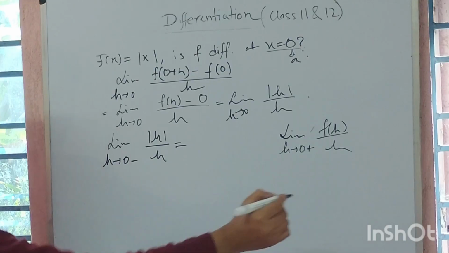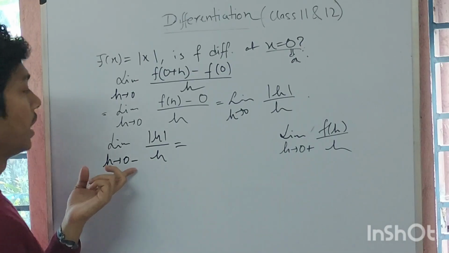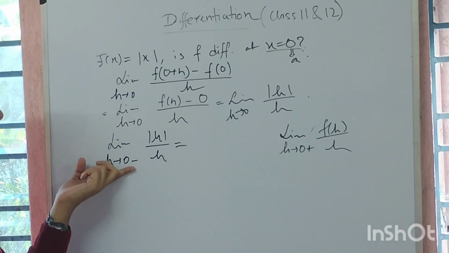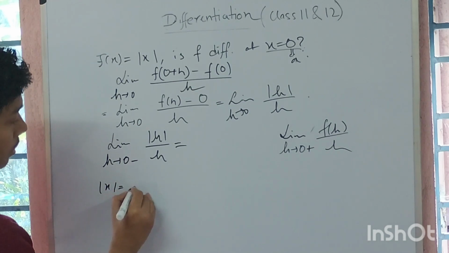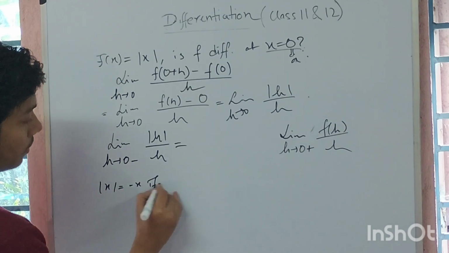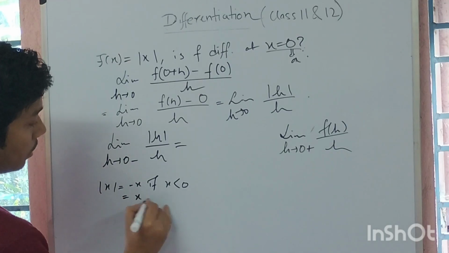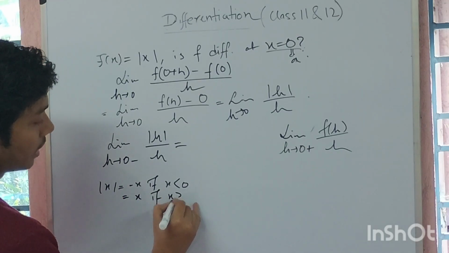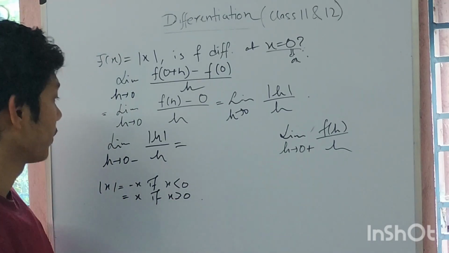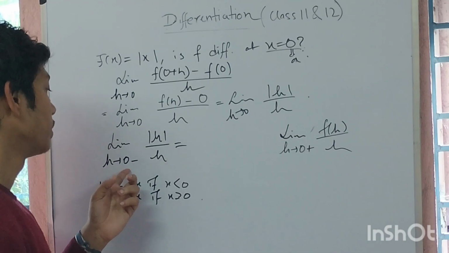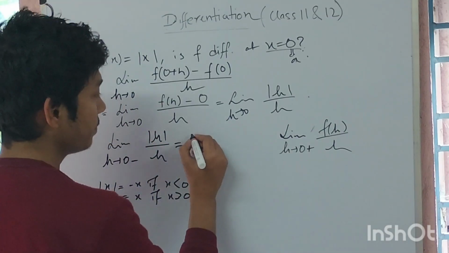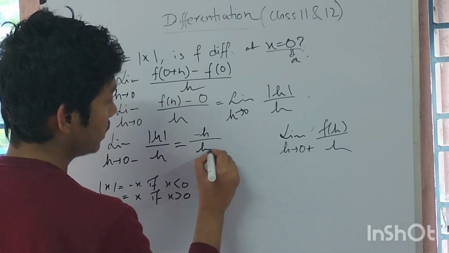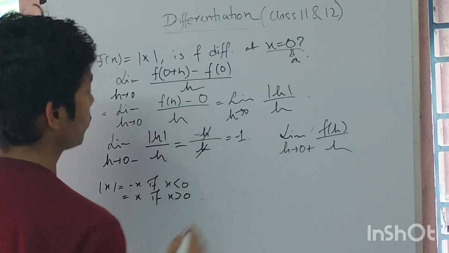So what will be mod h by h? When h tends to 0 minus, it is negative. When x is negative, what is the mod function? Mod function is defined as mod x equals minus x if x is less than 0, and equals x if x is greater than or equal to 0. So if h tends to 0 minus, it is a little negative, so mod h will be minus h, and minus h by h will be minus 1.